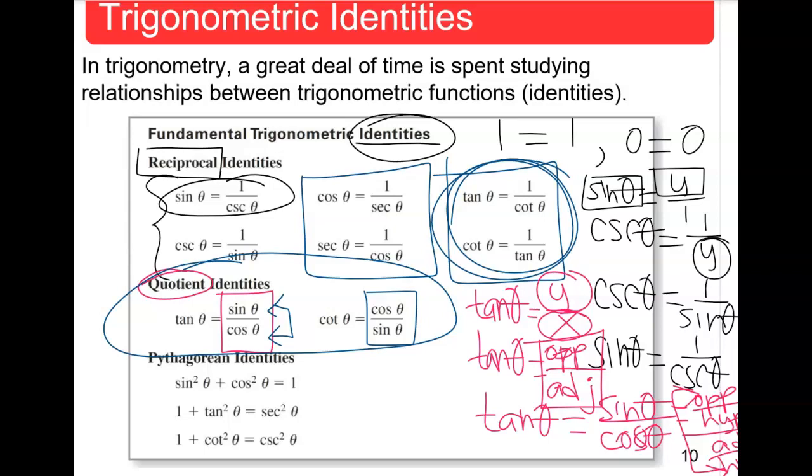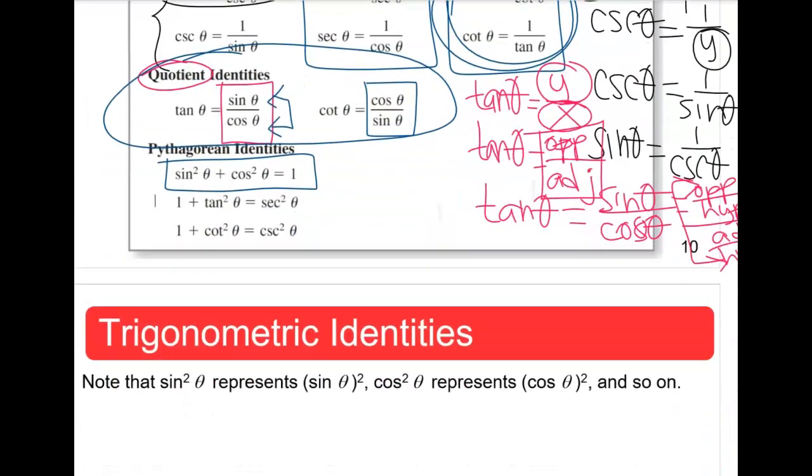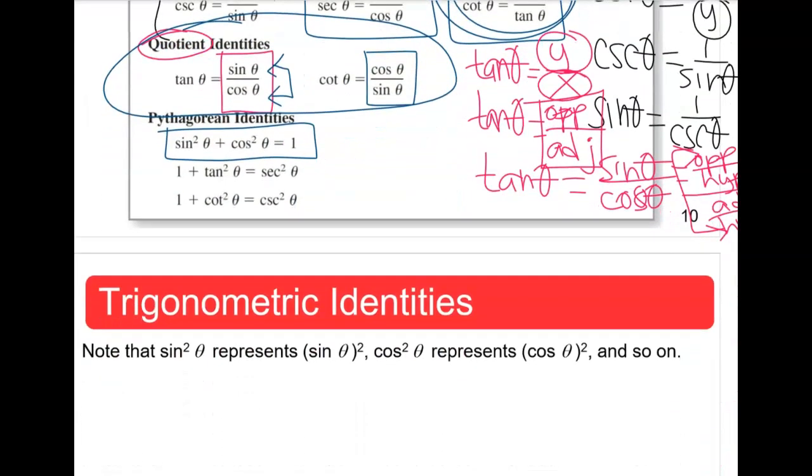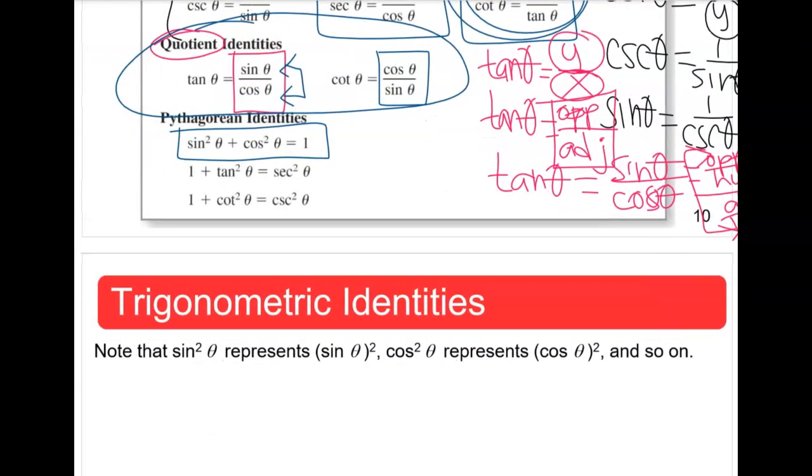We also have here the Pythagorean identities, and here the very first one is sine squared of theta plus cosine squared of theta. And before I explain a little more of it, let's just clarify this, that if we see sine squared of theta, we are squaring the whole sine of theta, as you can see here. It does not equal sine of theta squared.